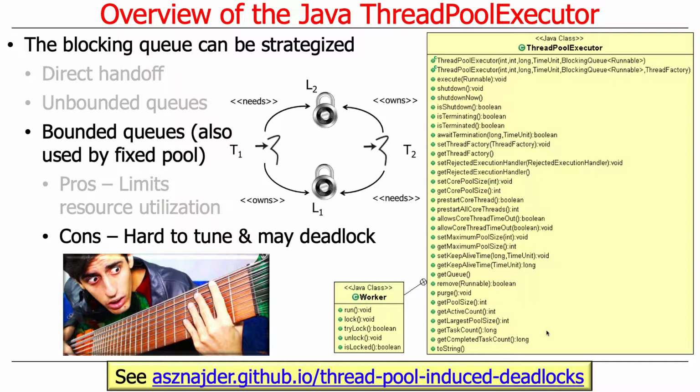The downside is trying to figure out the number of items to put in that queue is tricky. How big should it be? It's hard to tune, like a 24-string guitar. How do I tune this thing? And secondly, if you're not careful, you can end up with deadlock. You can read more about why thread pools can lead to deadlock at this particular link.